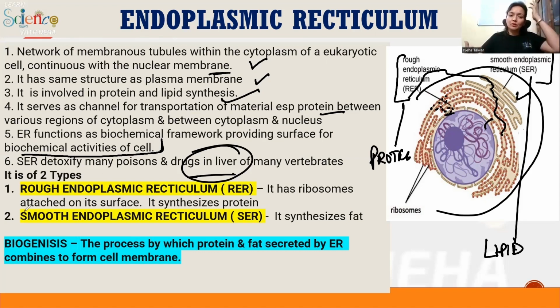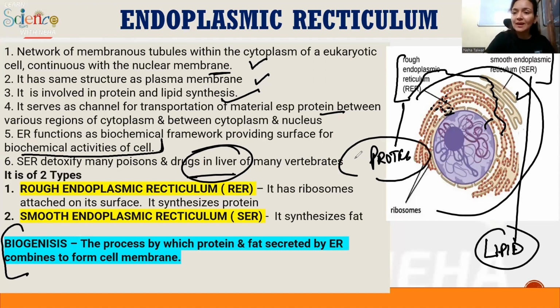So it is a very important organ and the function is performed by smooth ER. Now is biogenesis. Since I told you smooth ER forms lipids, rough ER forms protein, smooth ER and rough ER will combine their products and they will form cell membrane. And this cell membrane is transferred to different organelles of the cell.